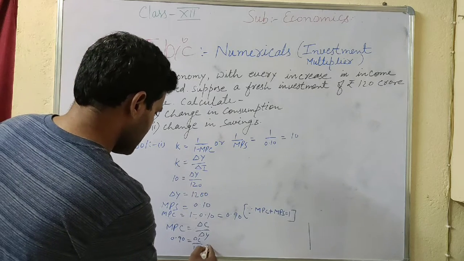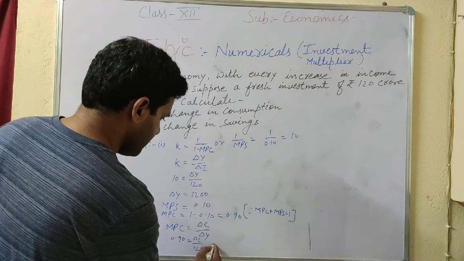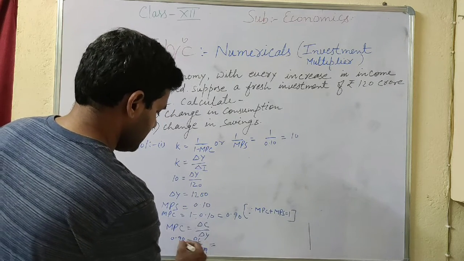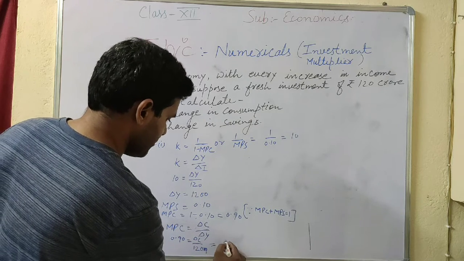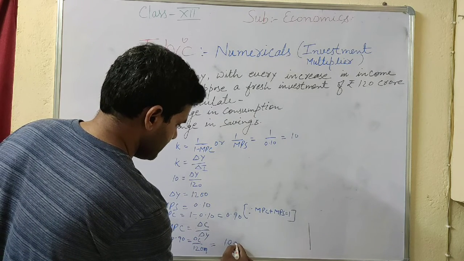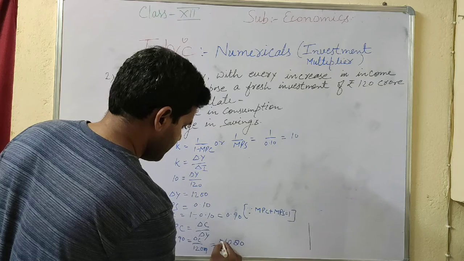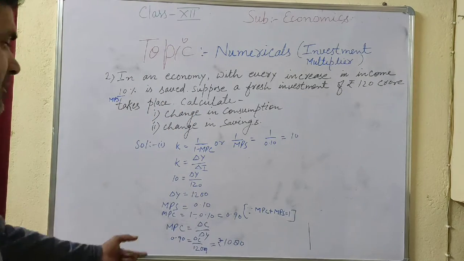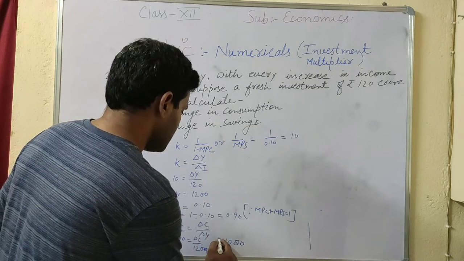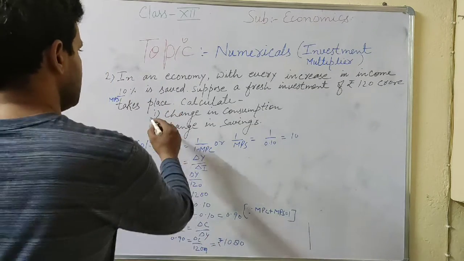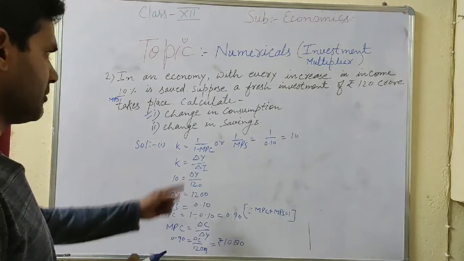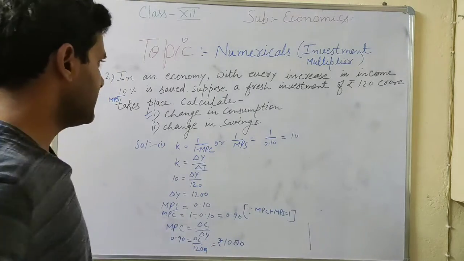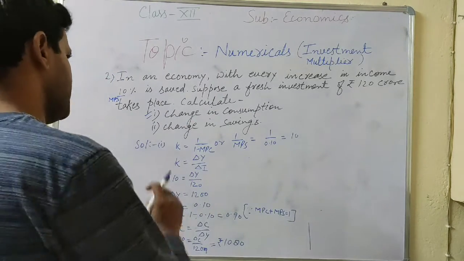In this way we can calculate the value of delta C, which is equal to 12 nines are 108, so it becomes 1080. This is the value of delta C, or change in consumption expenditure. So 1080 will be the change in consumption.